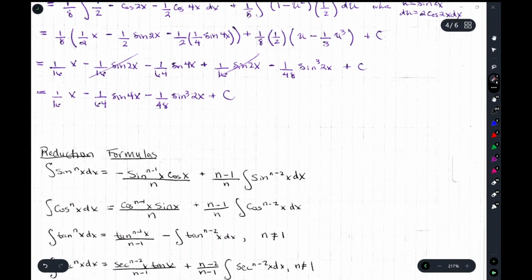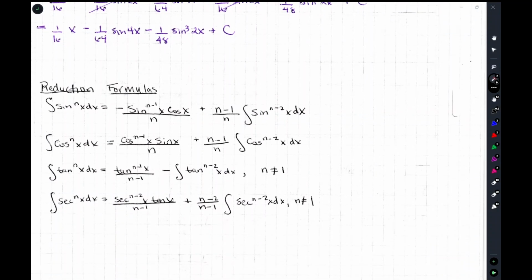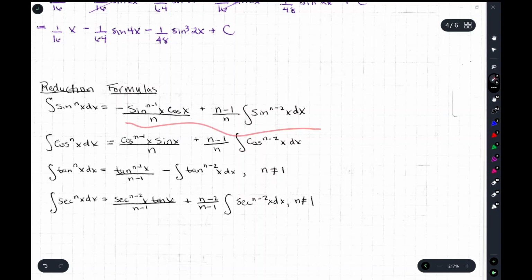Now, that could be tedious and burdensome, so people have developed simple reduction formulas to deal with this. So if you have a sine raised to the power n, where n is a positive integer, you could reduce it down using these formulas.